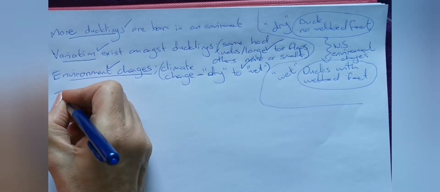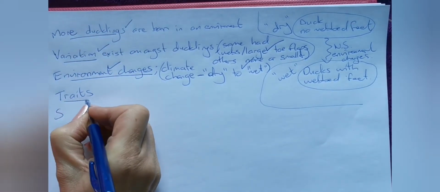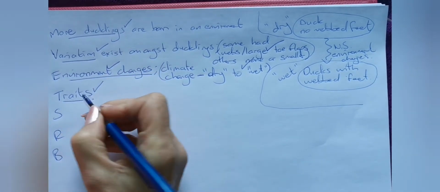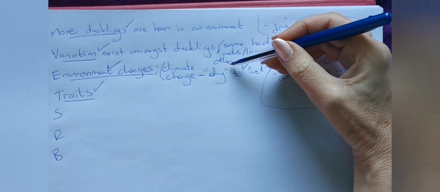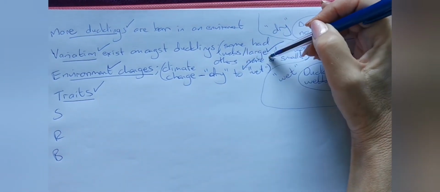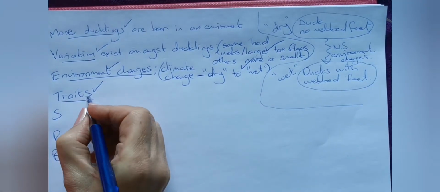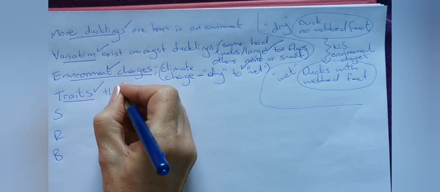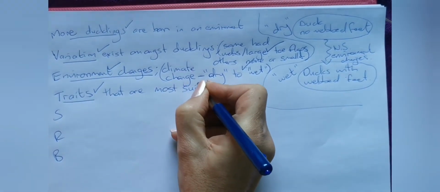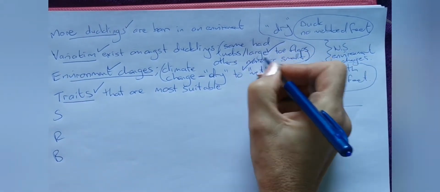Now, the T we know is for trait. So in our Many Vets Rescue Babies, T is for traits. But certain traits will be more suitable. And if we think of a drier area becoming a wetter area, which one of these traits amongst the babies is going to be more suitable for a wet area? So the traits that are most suitable in this case would be the ones with larger toe flaps or webs.